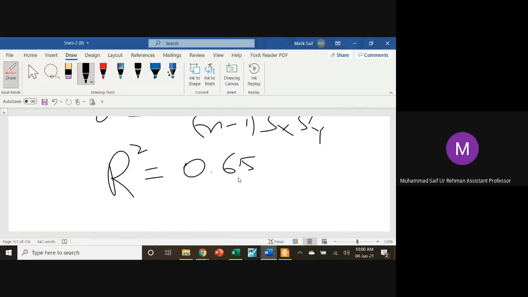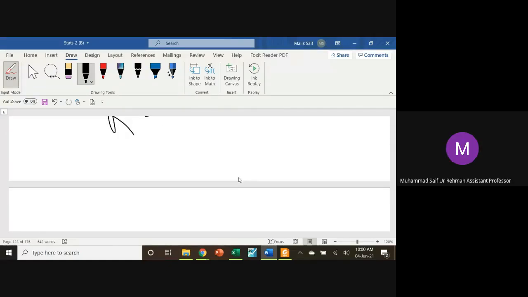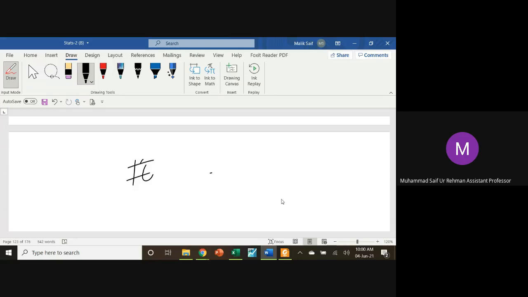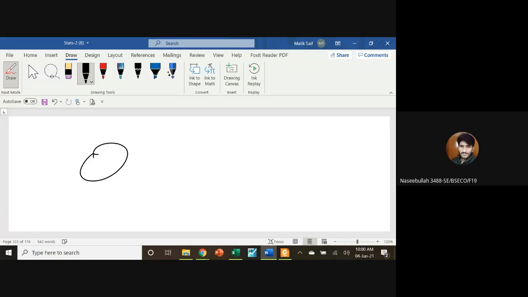65% variation in the dependent variable is because of the included independent variables, and definitely 100% change will be there. So you can write 1.0 minus 0.65. What is the answer?